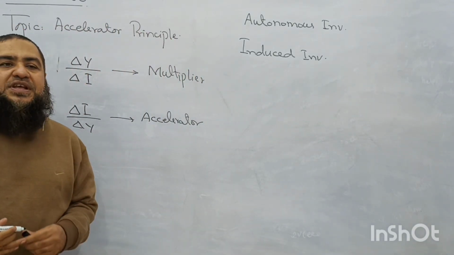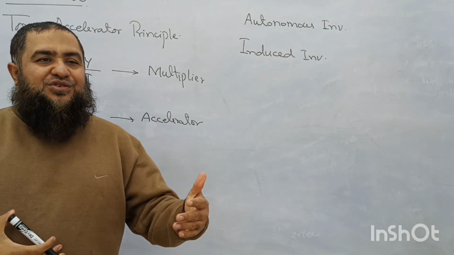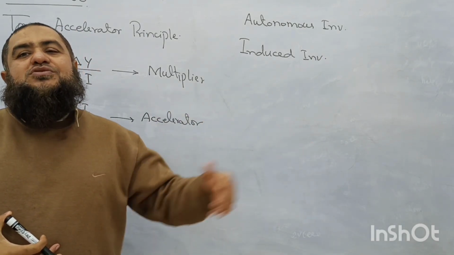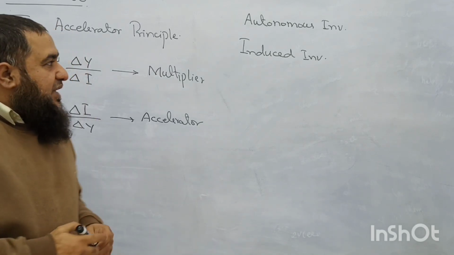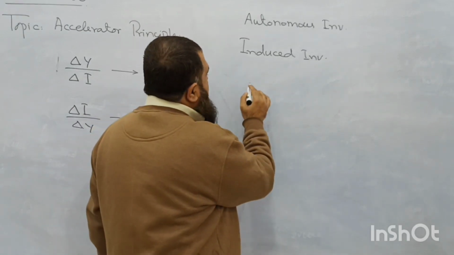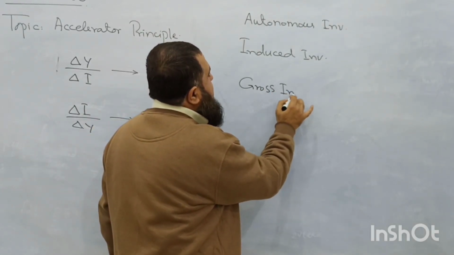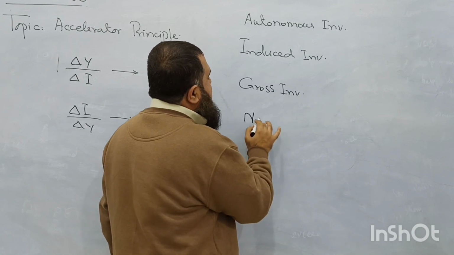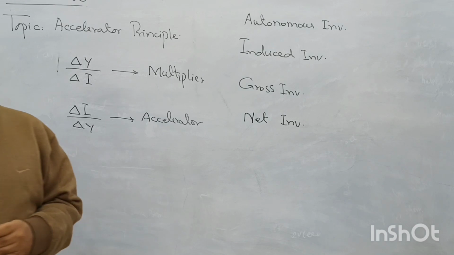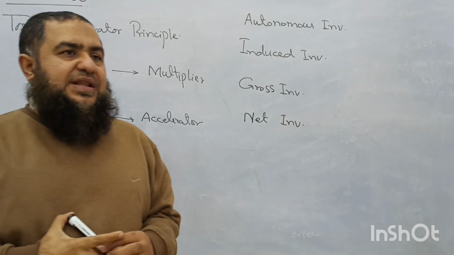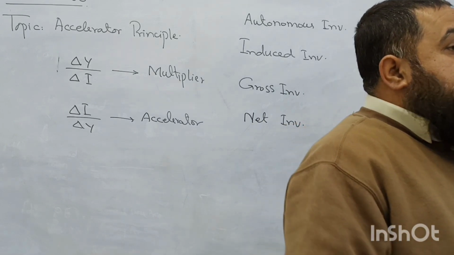Actually, what is the definition of investment? That is the creation of new capital goods which will further produce output in the economy. Clear? So there can be another thing. We studied what is meant by gross investment and net investment. Do you know what is gross investment? In very first lessons of our AS level we studied. Gross means total.